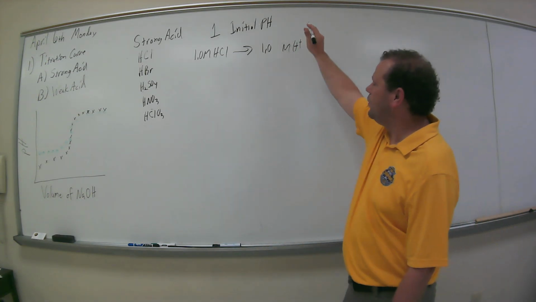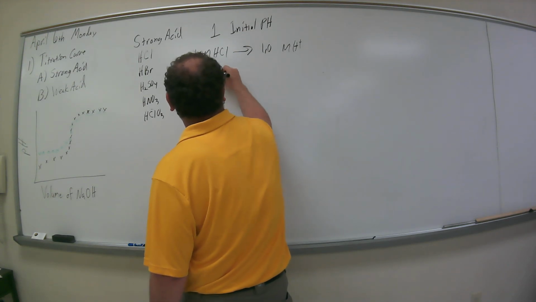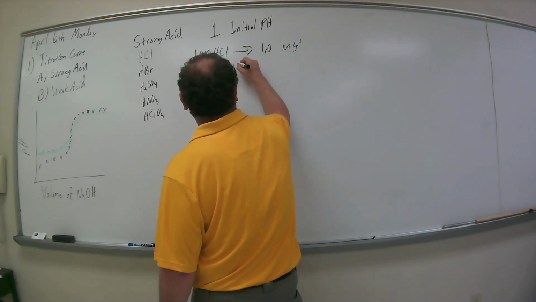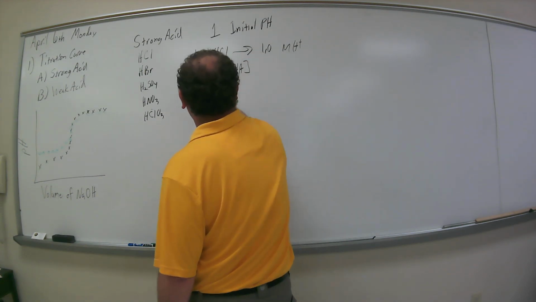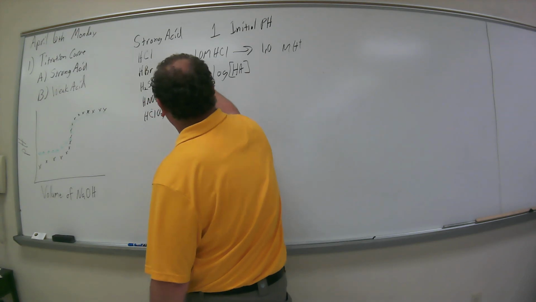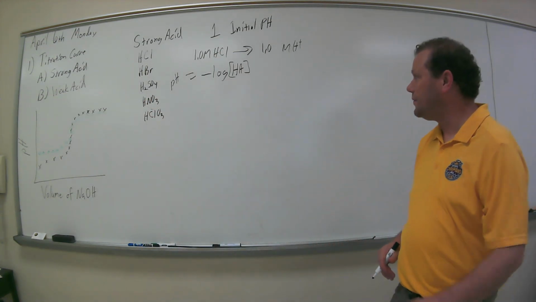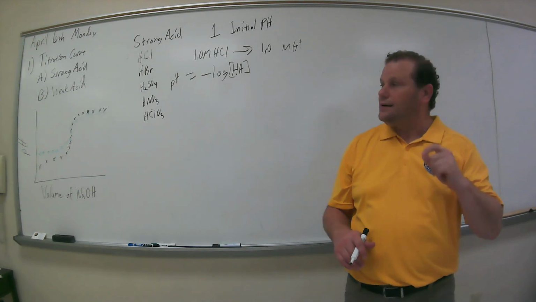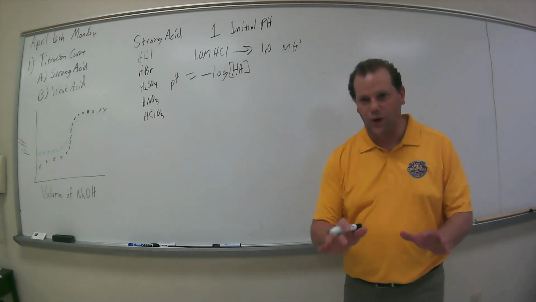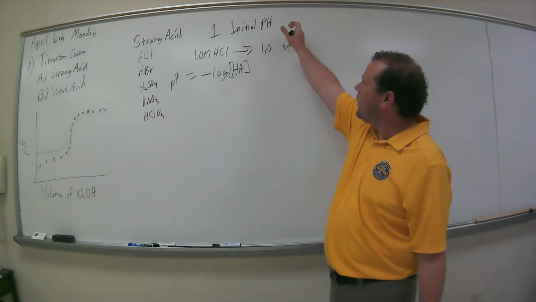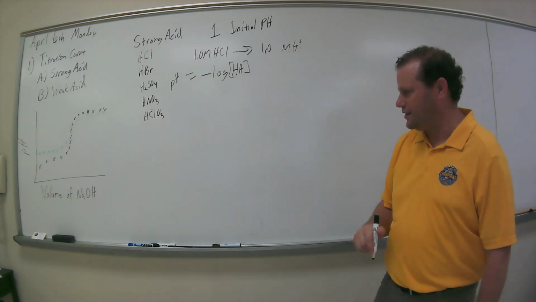So when we do the pH for strong acids before we add any base, it's just the negative log of our acid concentration, and I'm going to write the generic form here. That's going to equal our pH. I'm going to continue to run through strong acids, and we'll come back and do weak acids. So that's the initial pH.